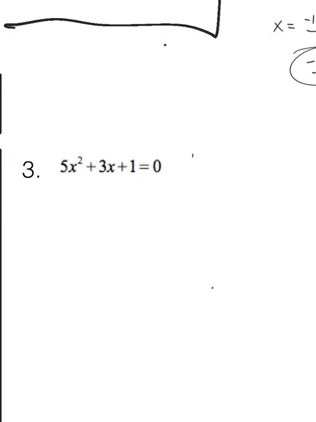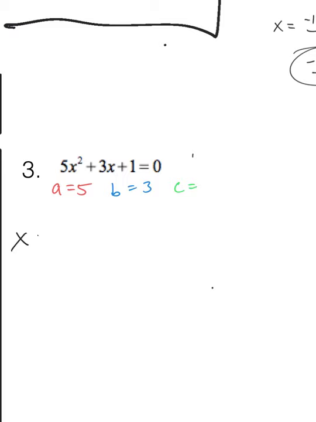Okay, so looking at number 3, my A is going to be 5, my B is going to be 3, my C is going to be 1. Let's go back here.